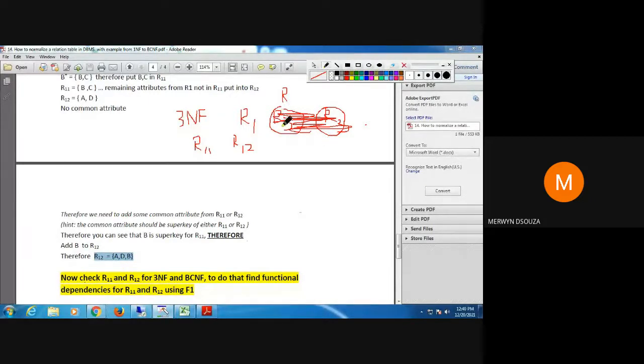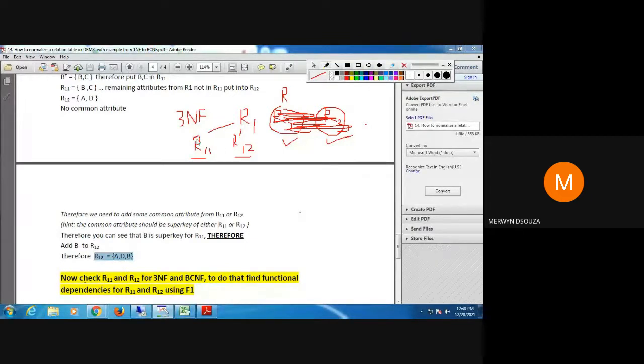So this is where we have reached with respect to the problem. R2 and R3 are already in the proper form, so we are not going to solve them further. There's no need. They're already in BCNF. But R1 is now divided into R11 and R12, and we need to solve for R11 and R12.